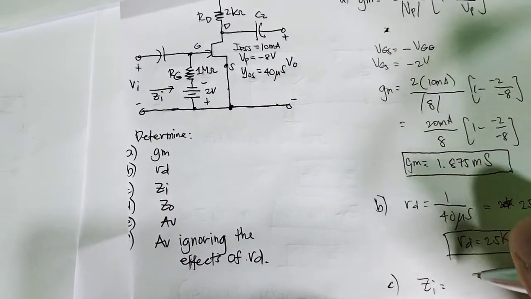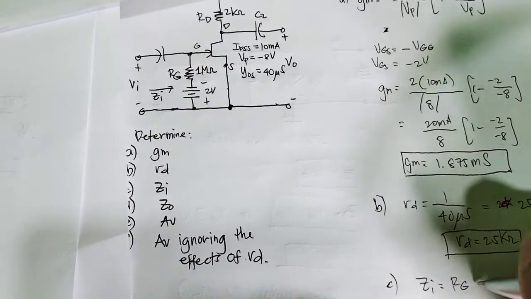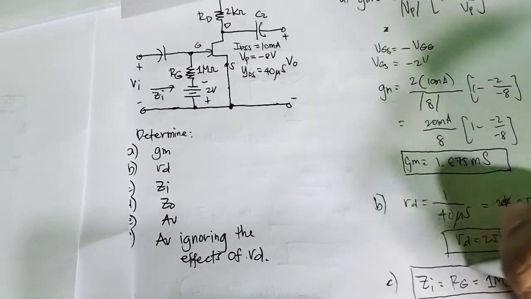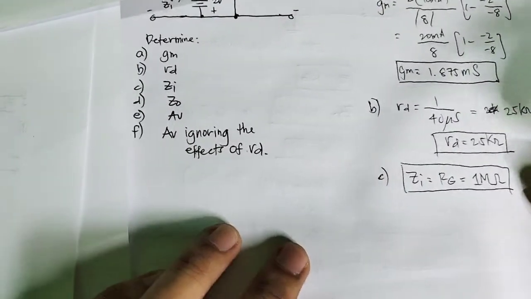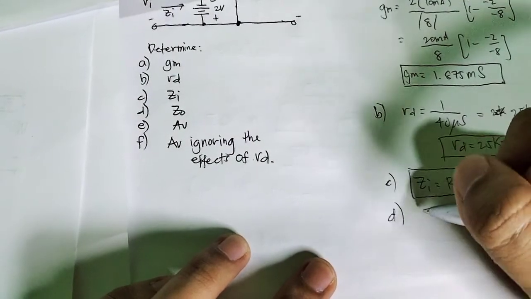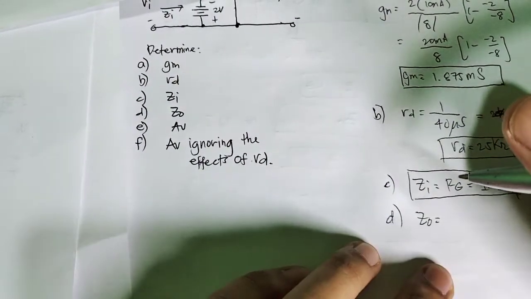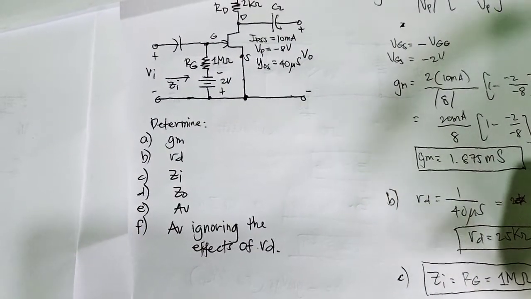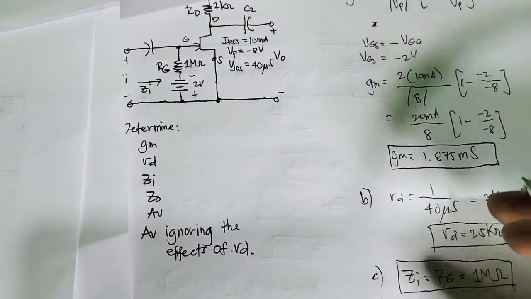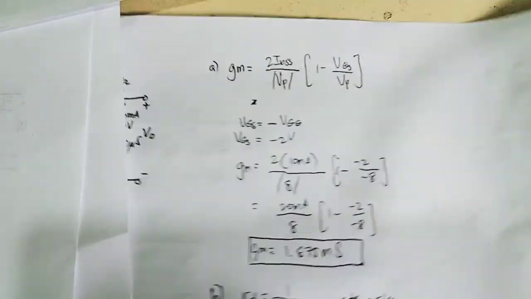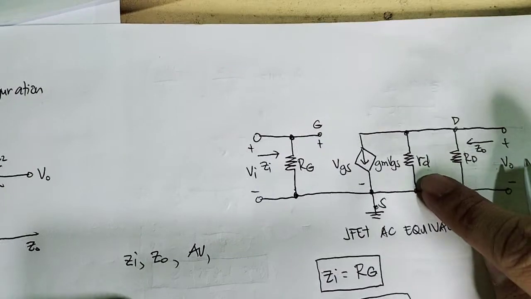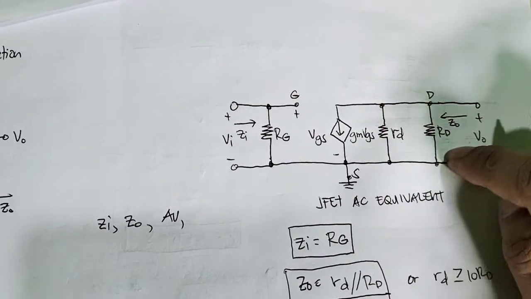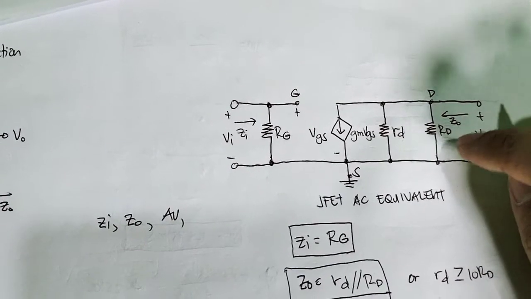How about letter C, the input impedance? Input impedance is just equal to R_G, which is equal to 1 megaohm. How about letter D, the output impedance? If you look at the output, it's just the parallel between the small r_d and the capital R_D resistances.